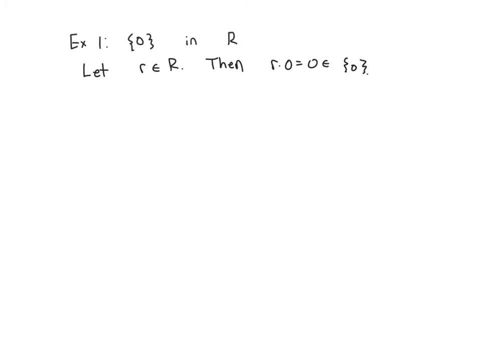Similarly, if you take any two elements in this set, well, the only choices are both 0, then their difference is also 0. So clearly this is an ideal. And the set's non-empty, so it satisfies our three conditions. This is known as the trivial ideal.